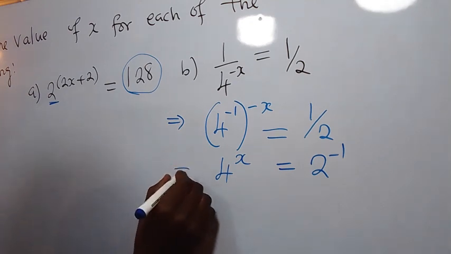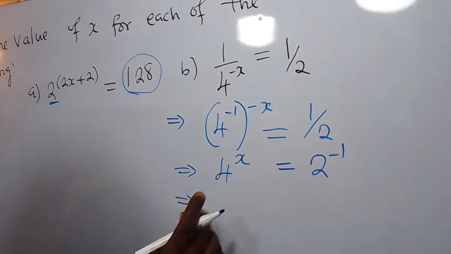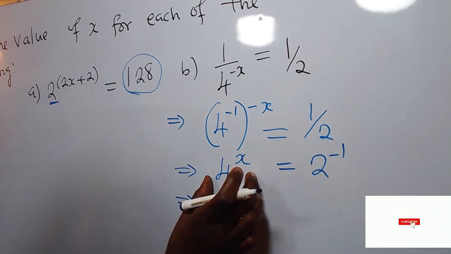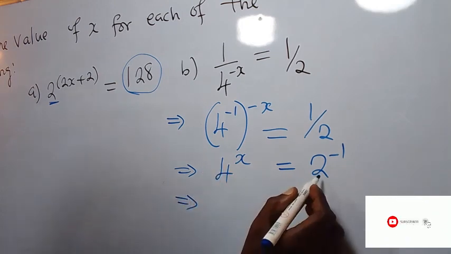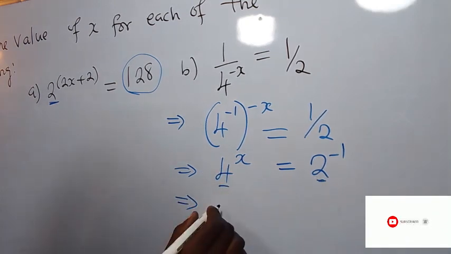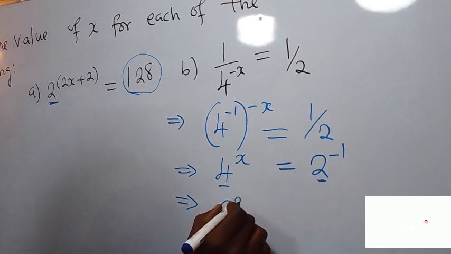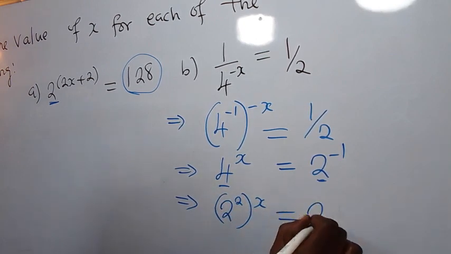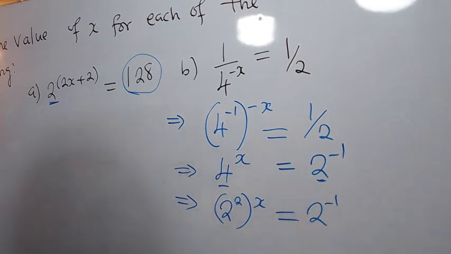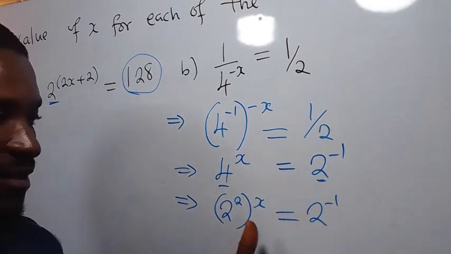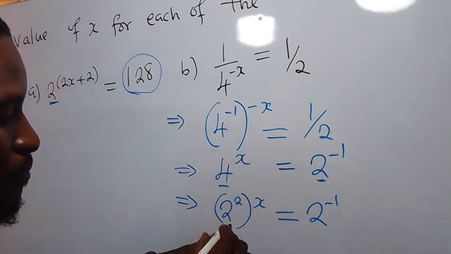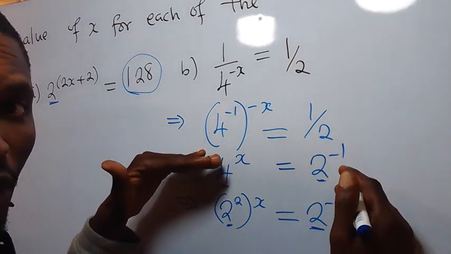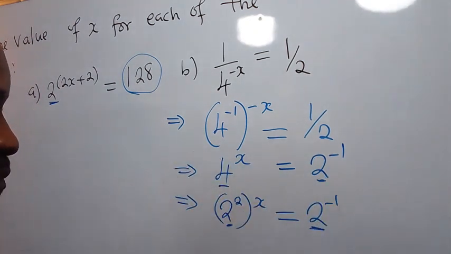We can now equalize the bases. So you can say 2 to the power 2x, which is going to be 2 to the power negative 1. Now it just turns out that if the bases are the same, then obviously the powers must be the same.